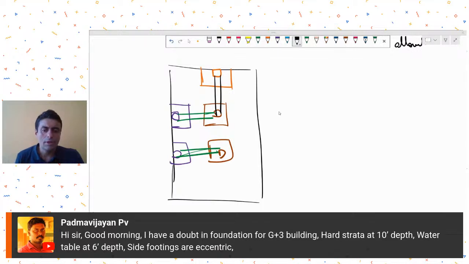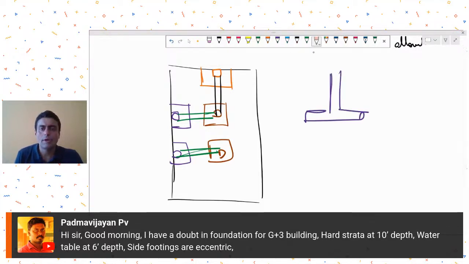Water table is at 6 feet depth. So in case of isolated footings, the rise in water table is not an issue as such, because the water pressure will act only on the surface area of the footing, which is anyway counterbalanced by the large gravity load that you are getting. So in case of isolated footings, the water table is not a big concern.